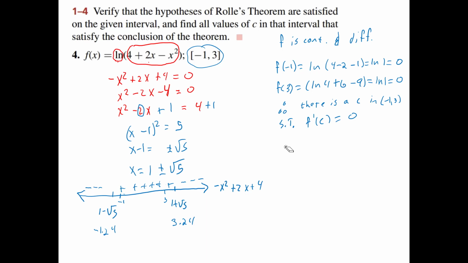First we have to find the derivative. F prime of x is a composition. So we get 1 over the inside, 4 plus 2x minus x squared, and then times the derivative of the inside. So in the numerator we'll have the derivative of the inside, 2 minus 2x.